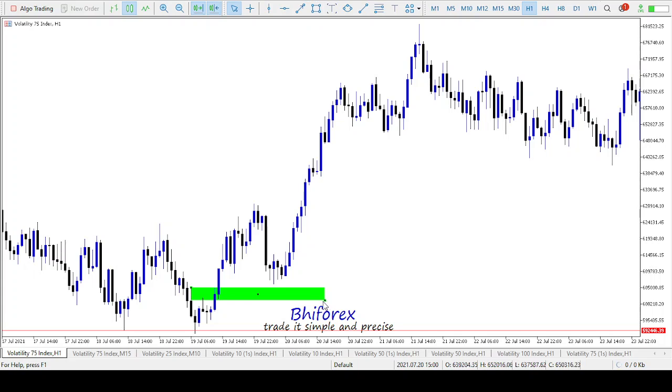Okay. So for completeness sake, we have four consecutive bearish candles. So for completeness sake, we can make use of the first one, which is that one right there, as your order block.